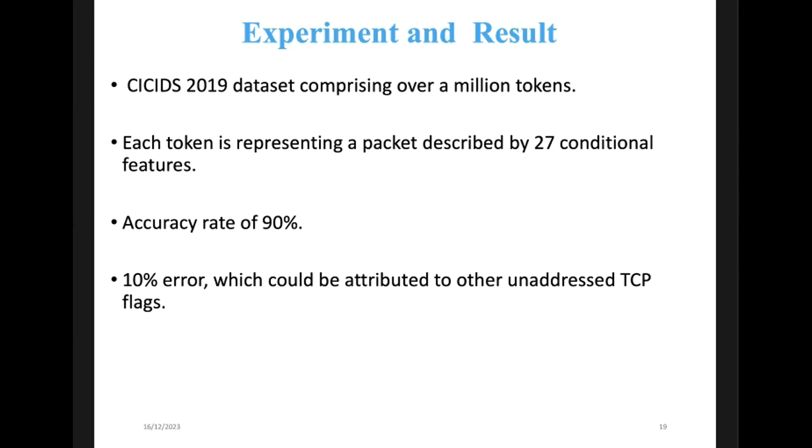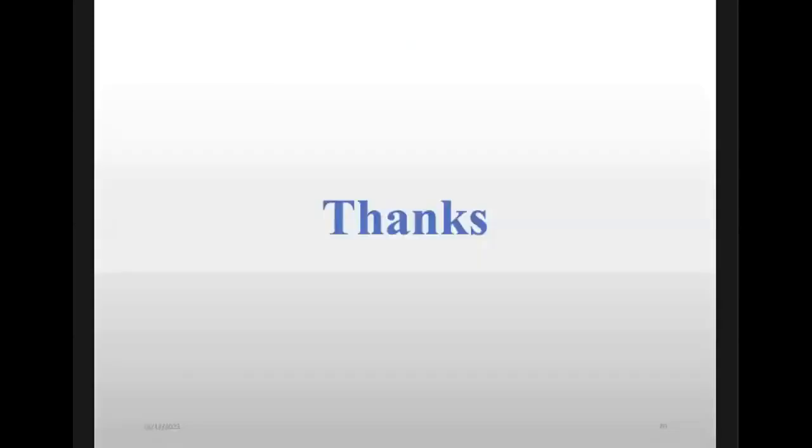Our algorithm's performance was assessed through a confusion matrix, which displayed a very good accuracy rate of 90%, while the 10% error could be attributed to other unaddressed TCP flags, because at this stage we only address the acknowledgement flag to be received by the server. So this is it, thank you.